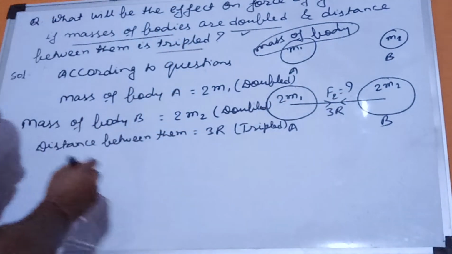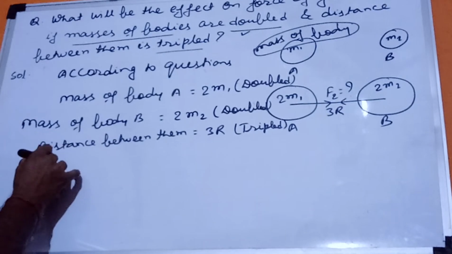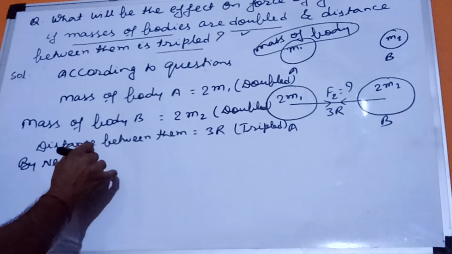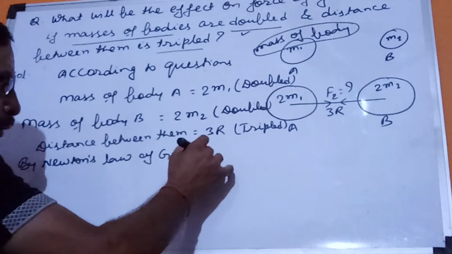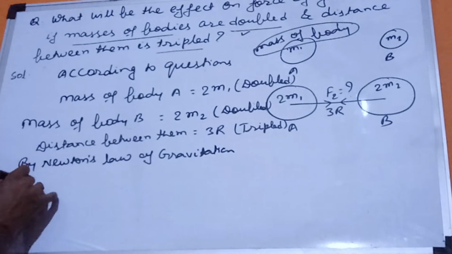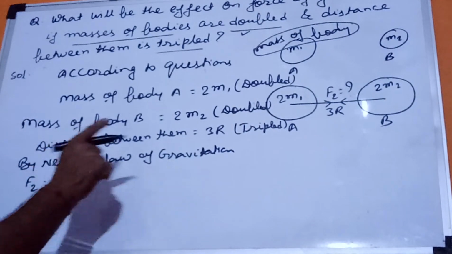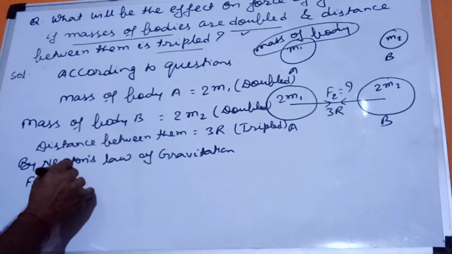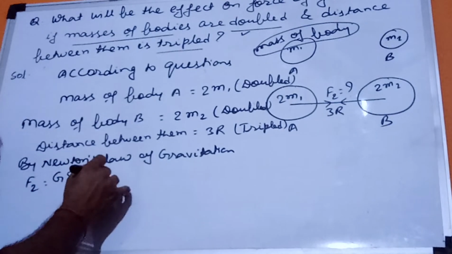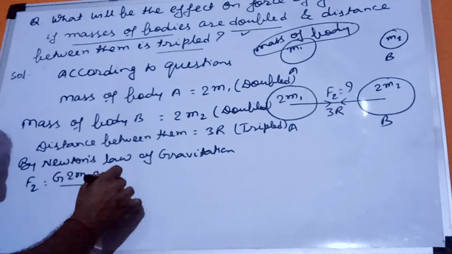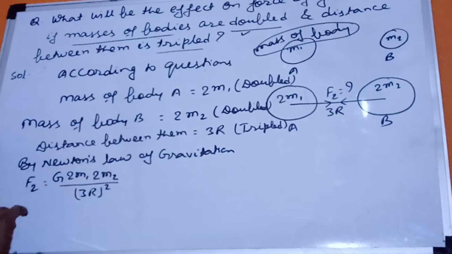What will F2 be? By Newton's law of gravitation, what can we write? We can write F2 will be equal to G m1. Instead of m1 now we can write 2m1, because the mass of body A is 2m1, the mass of body B is 2m2, and the distance between them is 3r, so (3r) whole square.